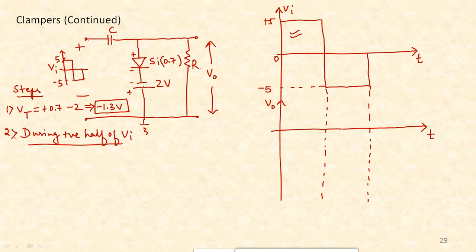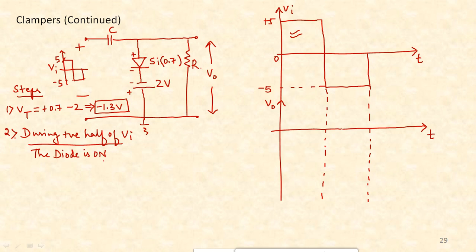It doesn't matter. Why? Because the input signal is strong enough, it is plus 5 volts and it is increasing instantaneously. So during the positive half of Vi, the diode is on.